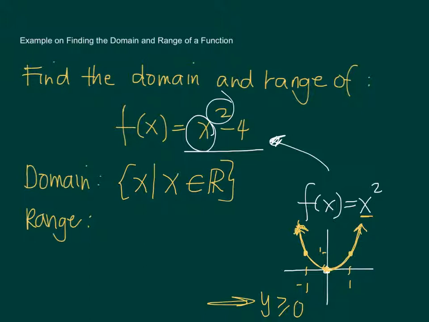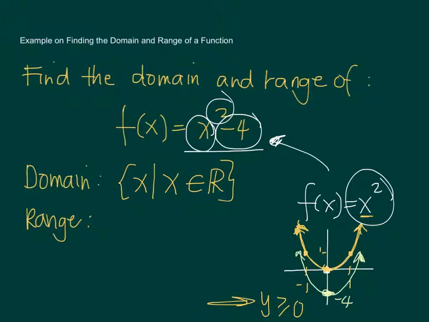If you understand the movement of functions relative to the basic functions, the minus 4 actually makes the graph of x squared go down by 4 units. So x squared minus 4 will have a vertex at (0, negative 4), and the orientation is still going up.